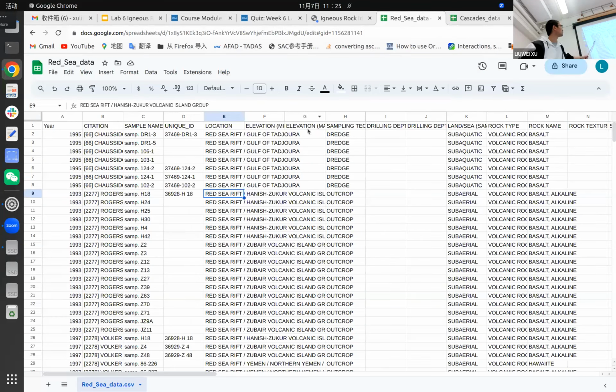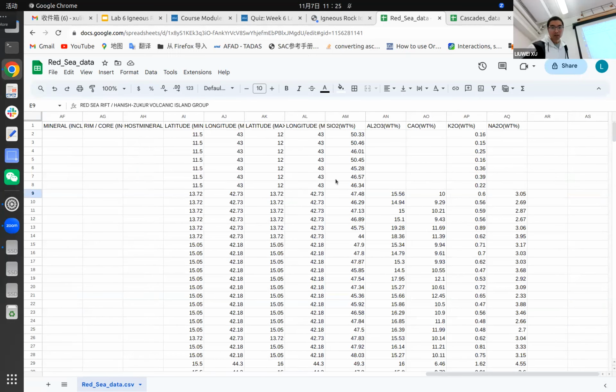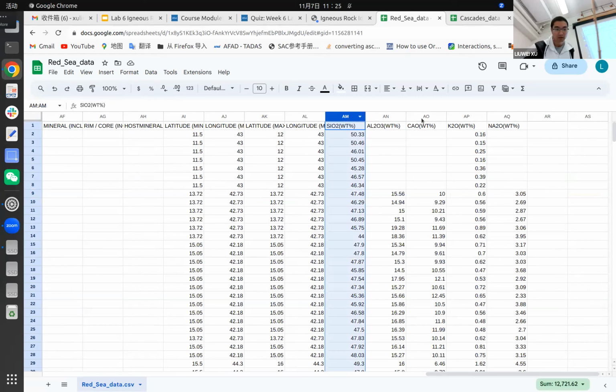If you open that, you will find a lot of data. Those ones we don't use. What we really care about are just these 3 columns: the SiO2 component, the CaO component, and the K2O component.